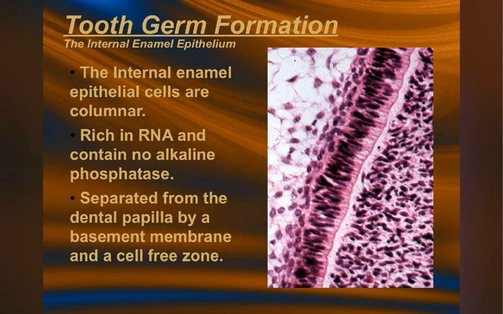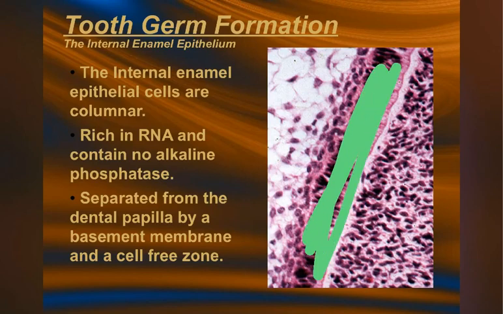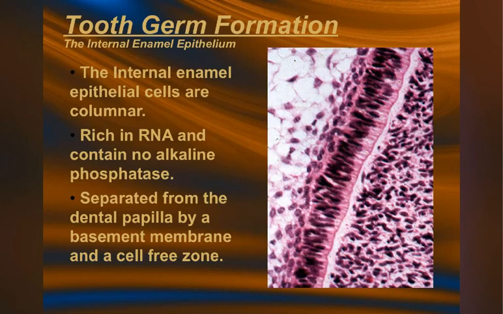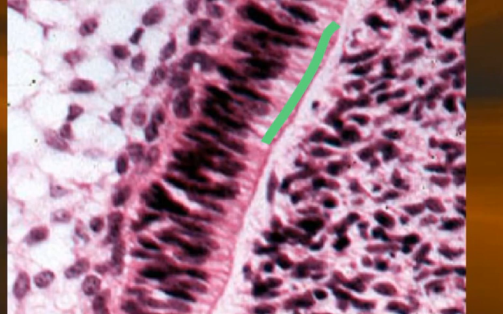External enamel epithelial cells are columnar, rich in RNA, and contain no alkaline phosphatases. These cells, as you see, are columnar. They are very active cells, separated from the dental papilla by basement membrane and a cell-free zone. So, basement membrane here and cell-free zone.